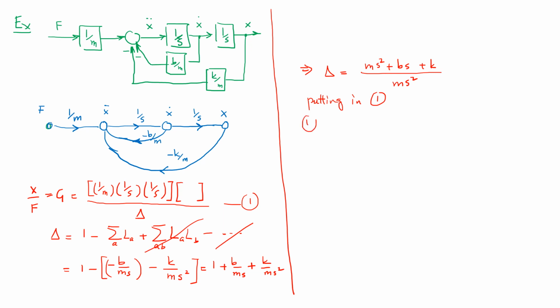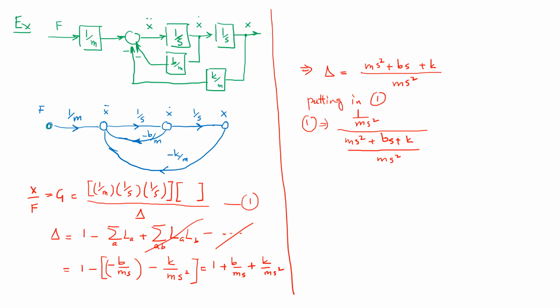This would mean that you have got 1 over ms squared. What I've done in this case is I've multiplied 1 over m with this and that, so there's going to be 1 over ms squared divided by this delta that you have computed already. So this is going to be ms squared plus bs plus k over ms squared.